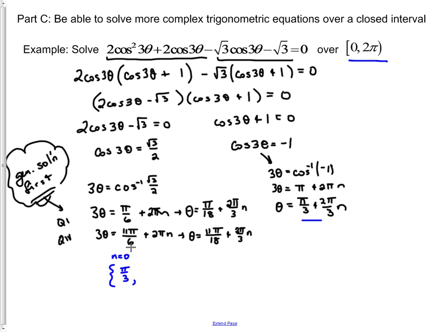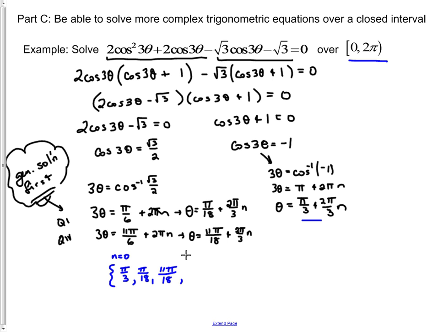We're going to get pi over 18, not exactly in order here, from smallest to largest. I like putting it that way. And then letting n equal 0 gives us 11 pi over 18. But there are more answers right here.